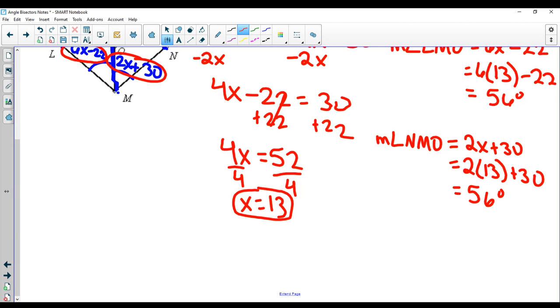Now, to get the big angle, LMN, we simply take our two 56s and add them together.